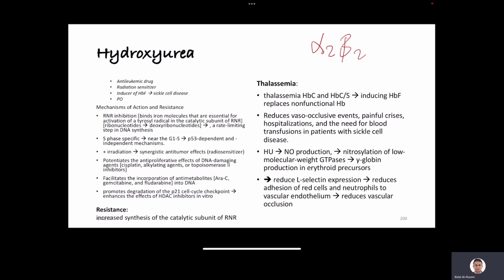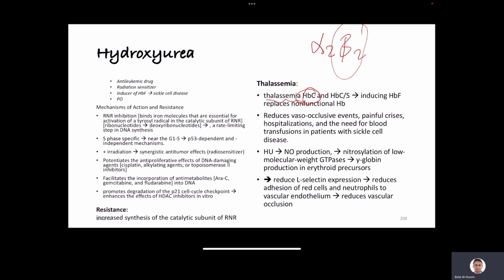Now, if the beta subunits are abnormally formed, as is the case with hemoglobinopathies, like thalassemia, or hemoglobin C mutation that leads to abnormal functionality of hemoglobin, or sickle cell anemia, which has hemoglobin S, in which hemoglobin would tend to precipitate or lead to formation of sickle cells.